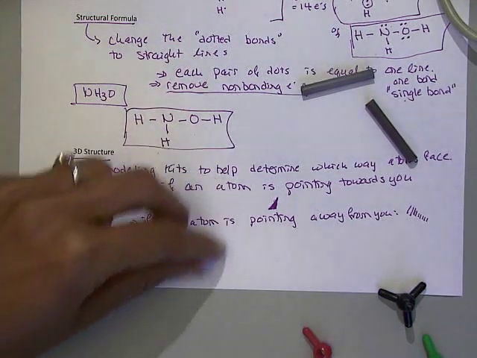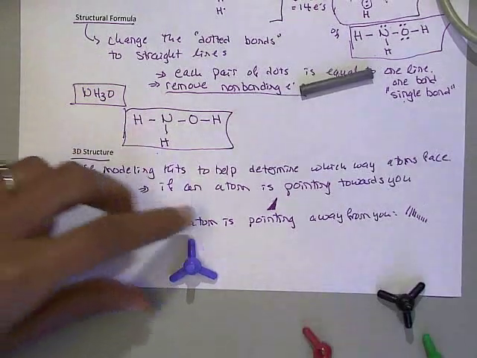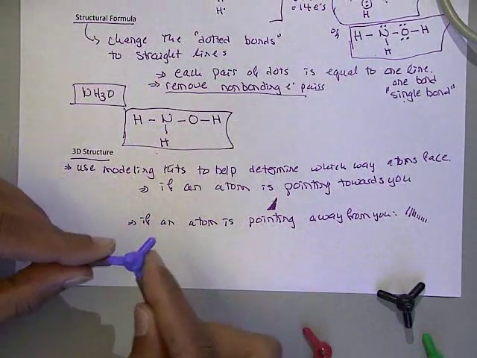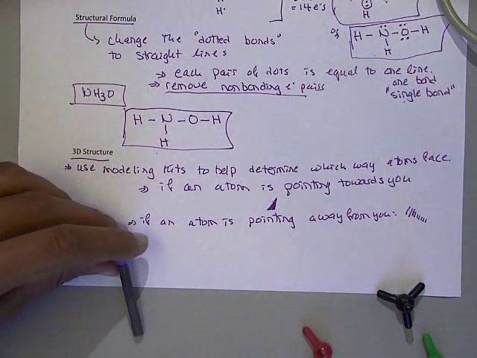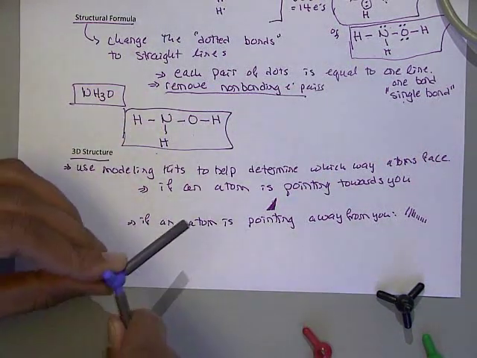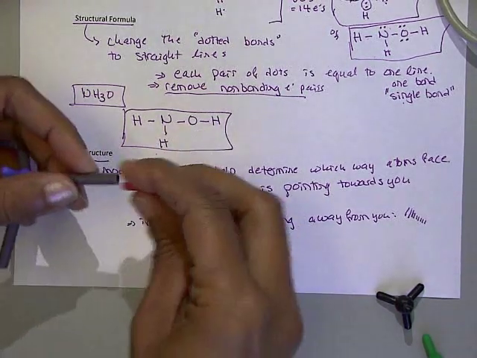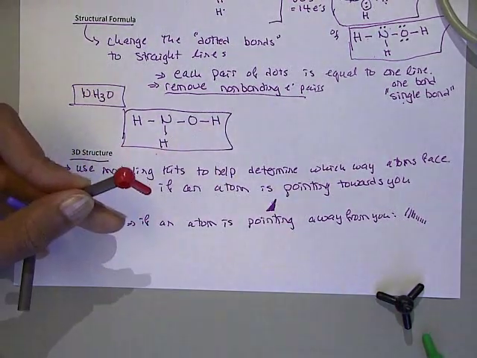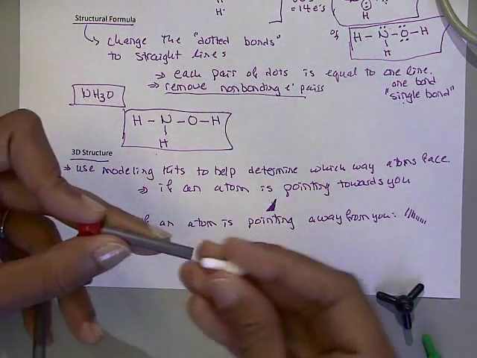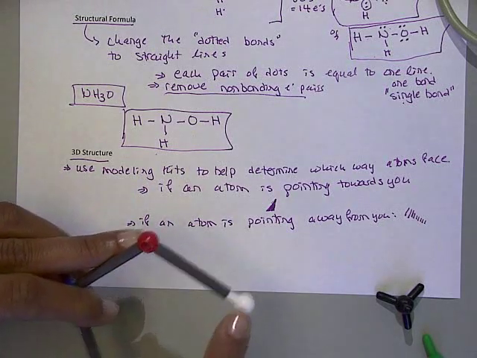Remember, we said the most electronegative atom goes in the center, so we have nitrogen. Here we have one single bond, and then one more bond over here. Then we have this bond bonded to an oxygen, and this bond bonding to a hydrogen, so notice here I have oxygen, hydrogen.